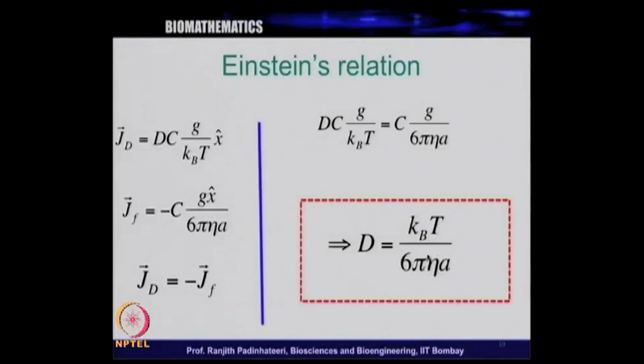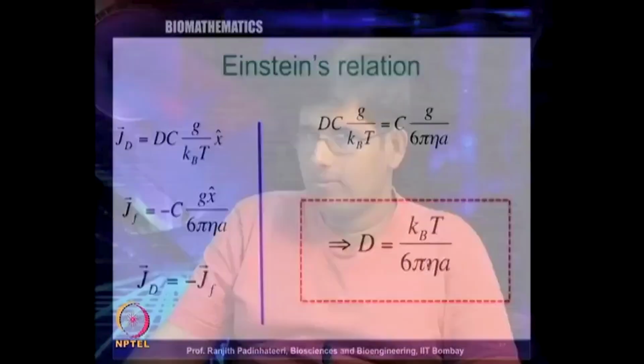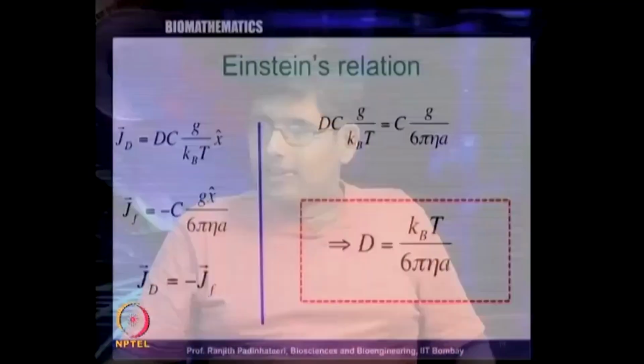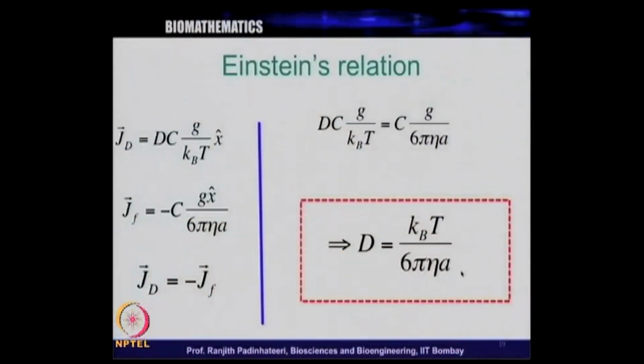Take the example of tar or honey, it will be very difficult for things to diffuse in tar or a very highly viscous medium. And if the size of the particle, a is the size of the particle, is very large, like proteins that are very huge, they will not diffuse. The diffusion coefficient of those objects will also be very small.